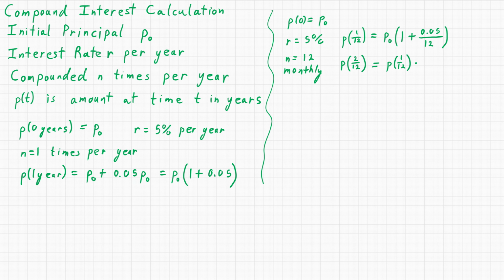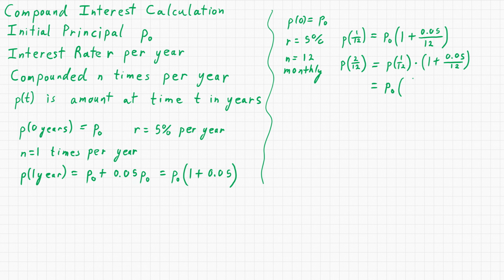And that's going to be multiplying the interest rate, the amount you'll have at the end of the month. You'll have what you started with at the beginning of the month, and then you'll have a little bit of interest tacked on. So you're going to have 1 plus 0.05 over 12. And if you simplify that, P of 1/12 has P naught, but then I have the 1 plus 0.05 over 12, and I also have the 1 plus 0.05 over 12 here.